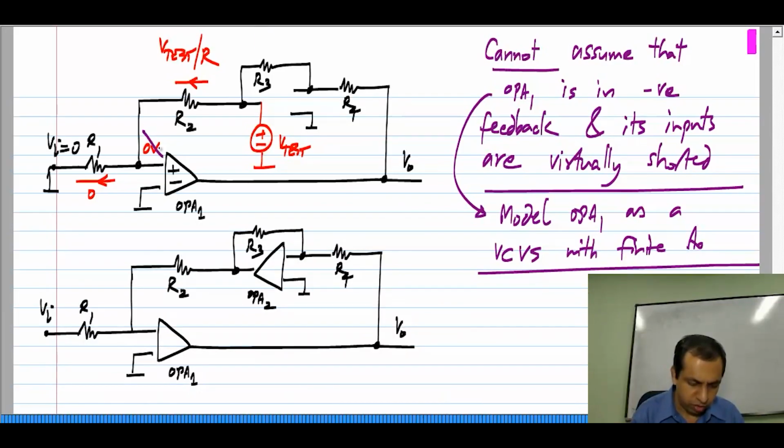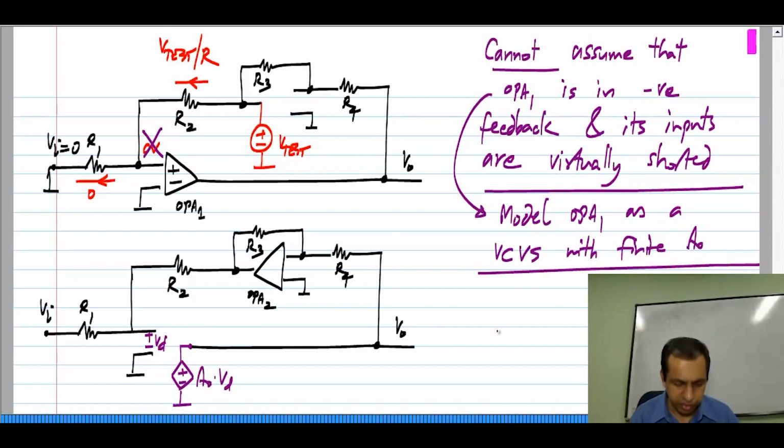So, I said we cannot do this, right? We cannot assume that OPA 1's inputs are virtually shorted. So, instead what we have to do is, we know that this is the positive and negative terminal of the op amp. Okay. So, this will be A naught times V d.